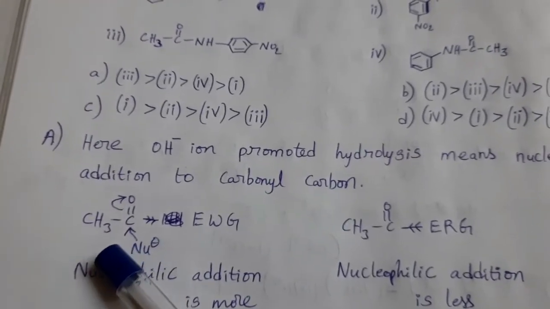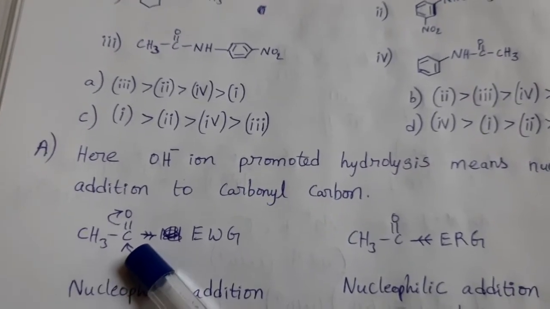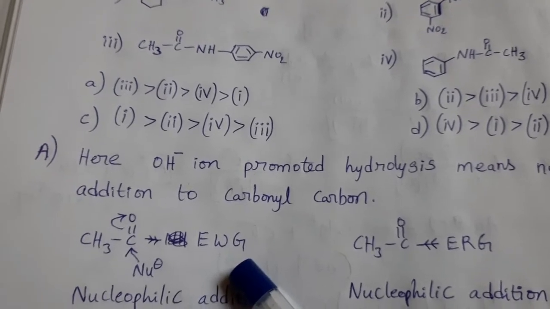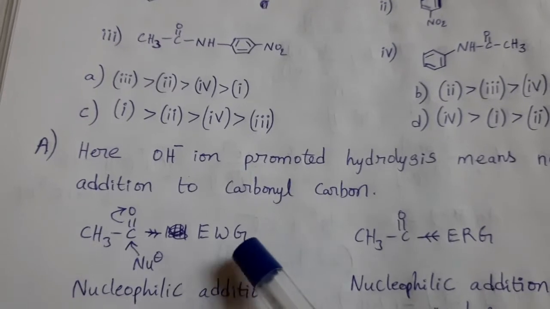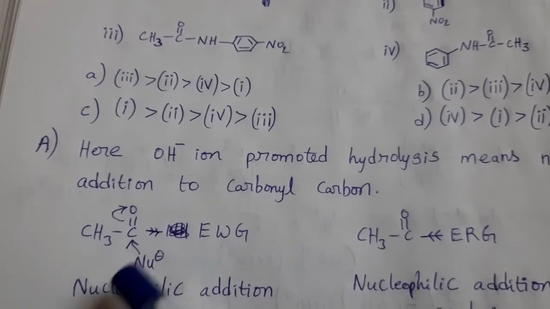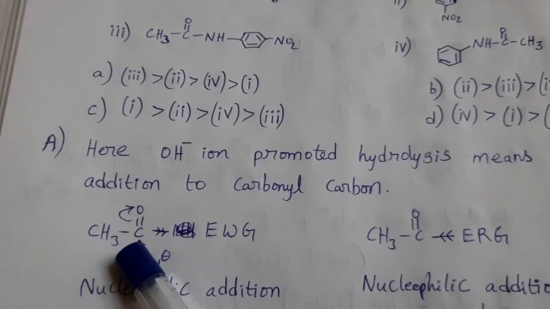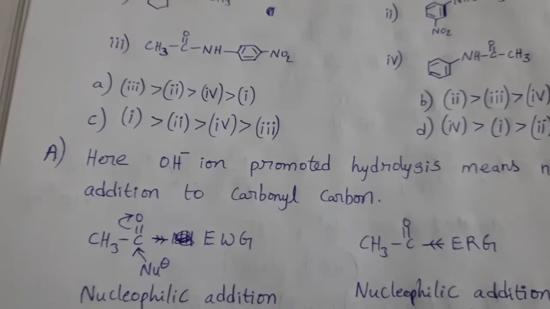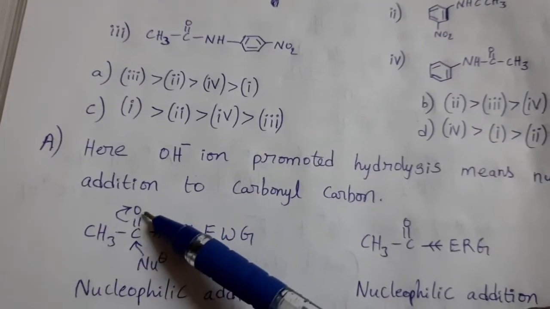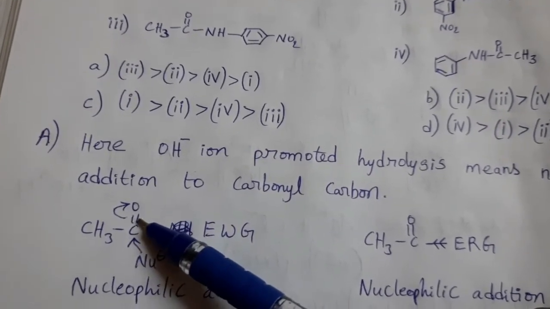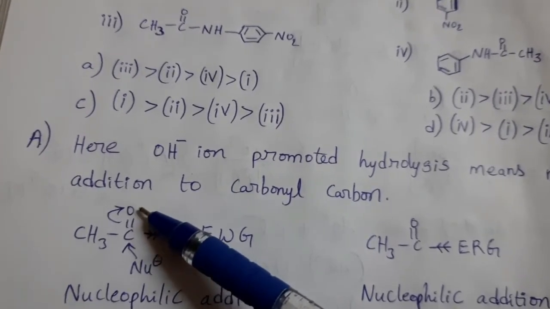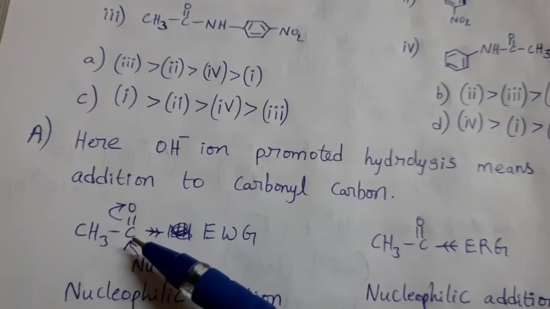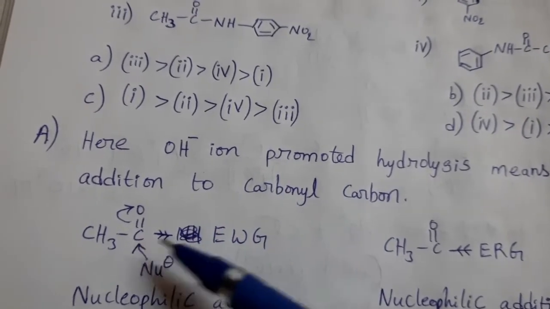See this CH3CO group attached to an electron withdrawing group, then this electron withdrawing group decreases the electron density at this carbonyl carbon. In this C double bond O group, oxygen is more electronegative, so it attracts pi electrons towards itself, then negative charge is developed on this oxygen, positive charge is developed on this carbon.